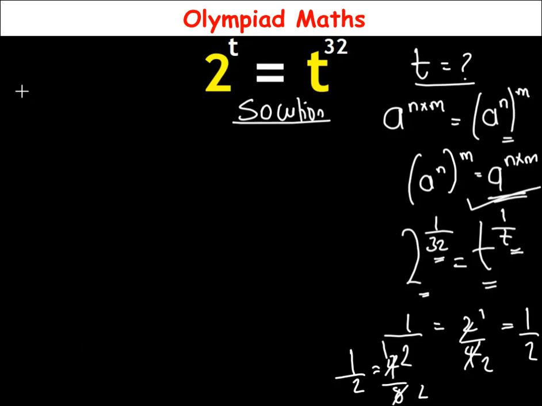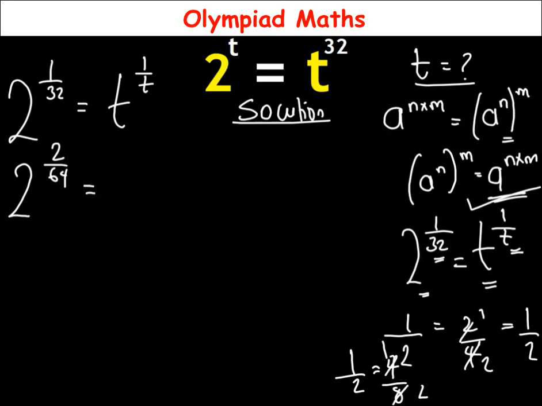Now to do this, we have 2 raised to power 1 over 32 is equal to t, all raised to power 1 over t. Now, 1 over 32 can be written as 2 over 64, right? So then 2 raised to power 2 over 64 is equal to t raised to power 1 over t.